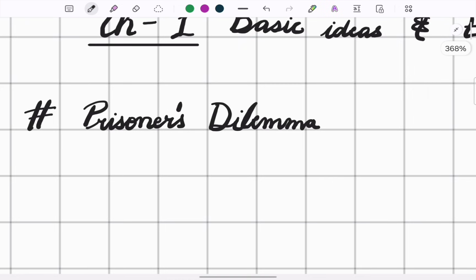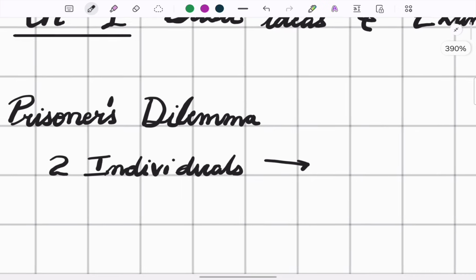इसमें scenario क्या है? There are two individuals, and together they commit a crime.